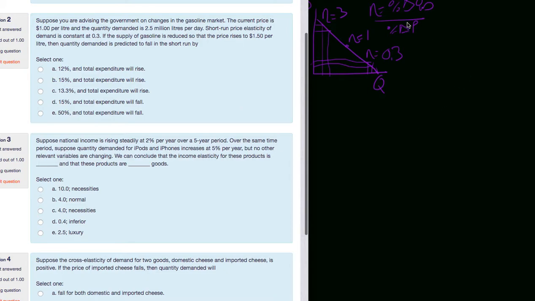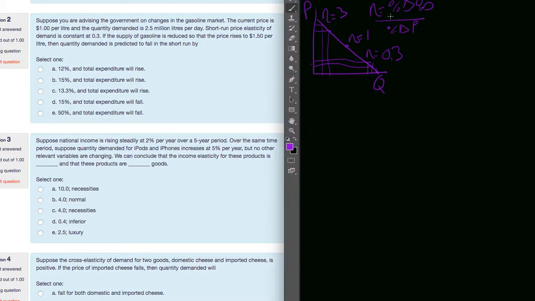If I think about this, what information did I have? I have the elasticity, so I already know that we have 0.3 here. My percentage change in quantity demanded, we don't know. This is my unknown. But for my percentage change in price, the new price is $1.50, the old price is $1, and the average price would be $1.25.